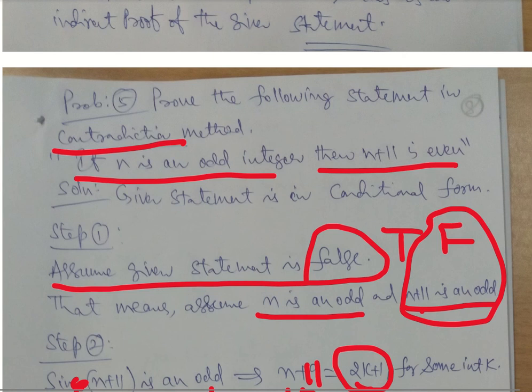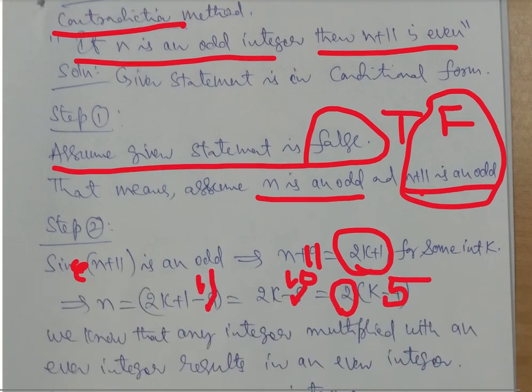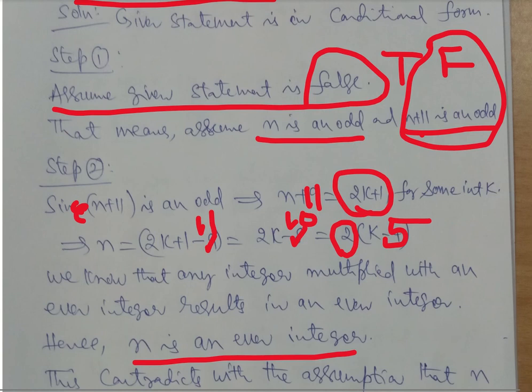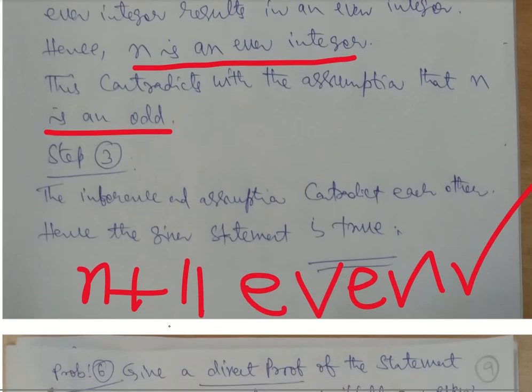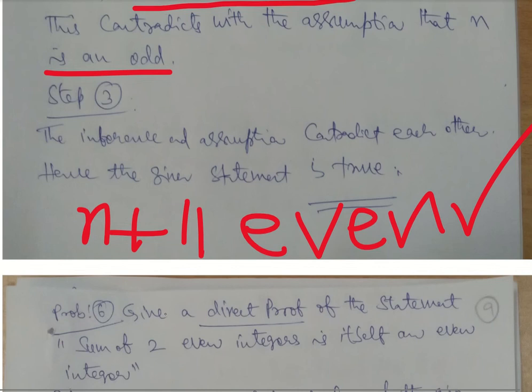So accordingly, assume that, and prove that what you have assumed as true is contradicting with what you have got in step 2. When that is the case, what you have assumed, that is the false statement, is not correct. So when the false statement is not correct, it is going to be reversed, the negation of it. So n plus 11 being even is valid now. So that is how it is called a contradiction.